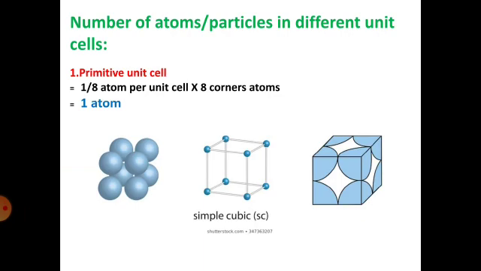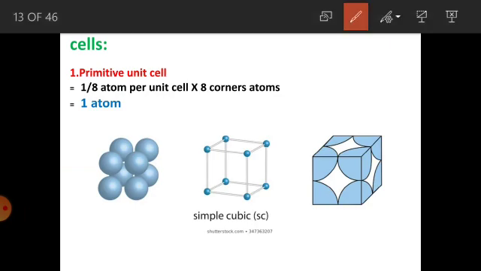We know that in a simple unit cell, there are 8 particles present at the corners. An atom at a corner is shared by 8 neighboring unit cells, so its contribution per unit cell is 1/8. So this particular particle contributes 1/8 part to the unit cell.